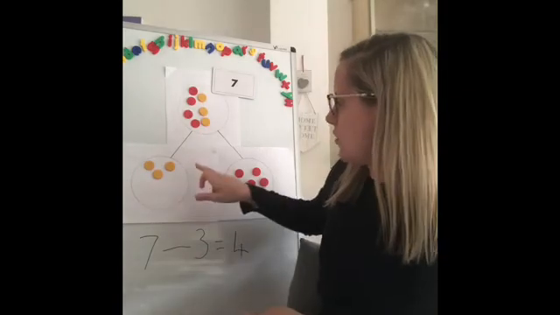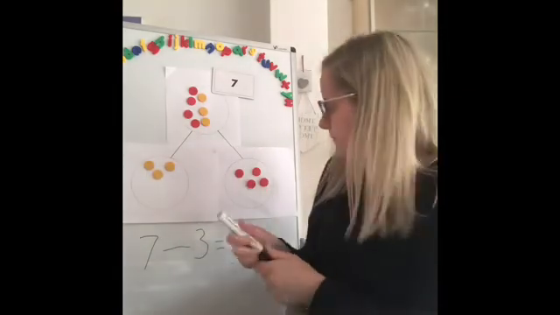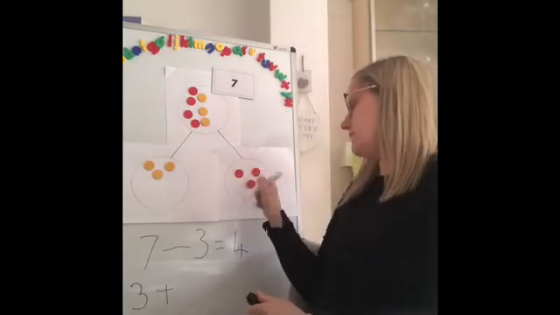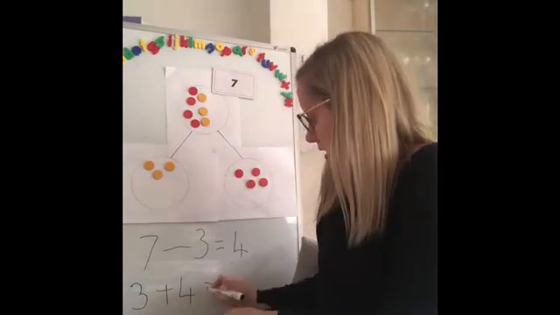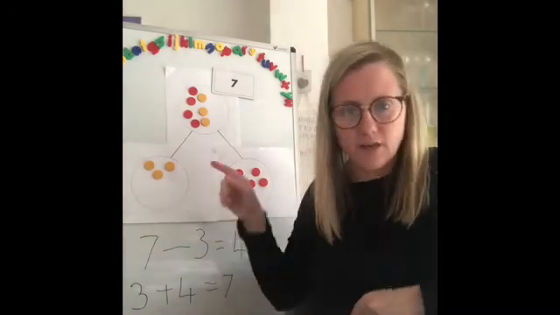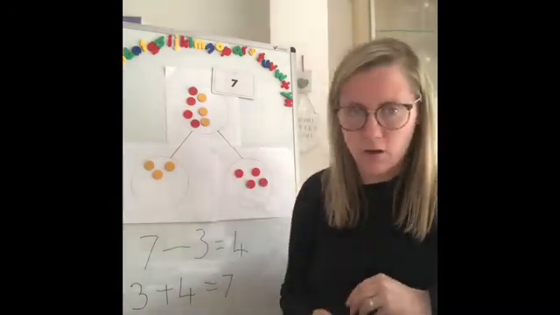Okay, so we've got 1, 2, 3, add 1, 2, 3, 4 equals 7. So that is the challenge, finding the missing part of a part whole model.